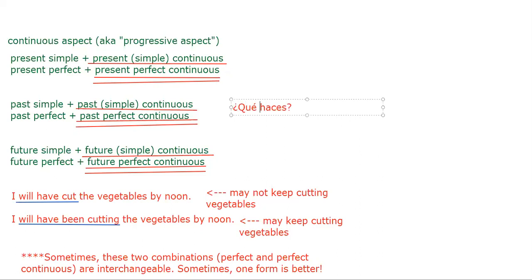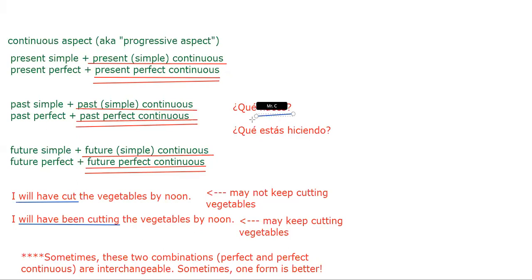But notice how this verb here, haces, is the present simple. So you could also say something like ¿Qué estás haciendo? So really, this is the present simple of the verb hacer, which means to do.